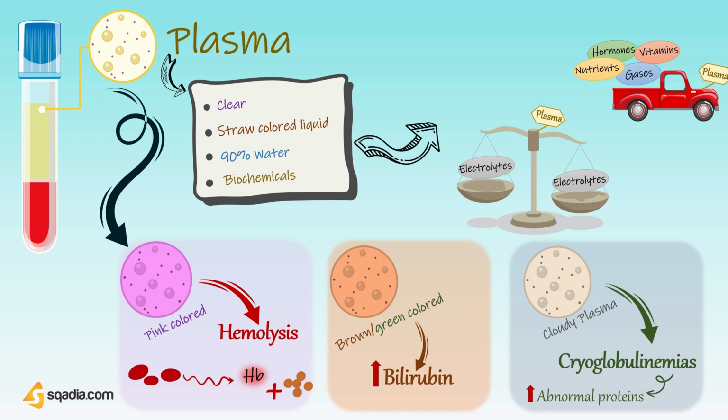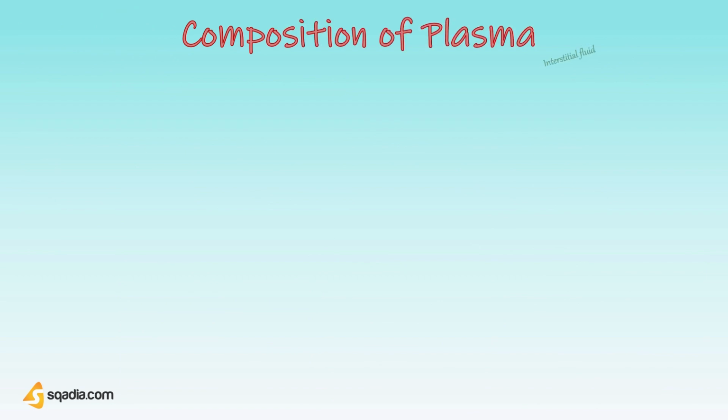Now let's look at the detailed composition of plasma. In many respects, the composition of plasma resembles interstitial fluid, that is the fluid between intercellular spaces. The only slight difference comes on account of the volume occupied by proteins and their electrical charge.